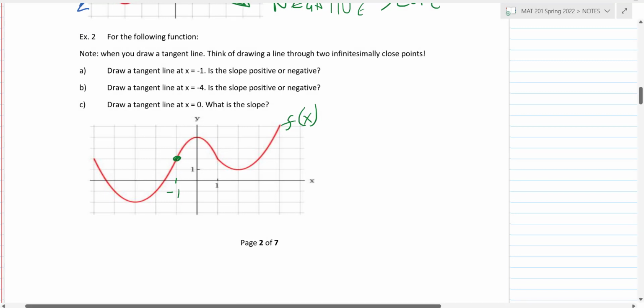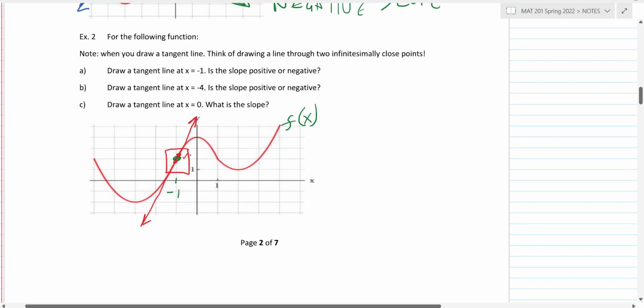So really the idea is if you think of a point just barely, I mean, as close as possible. When I draw a tangent line, I usually like to just put a couple of dots that are as close to that point as I can, and then think of what it would look like if I connected those 2 points. So that would be what that tangent line is, and it only touches that one point.